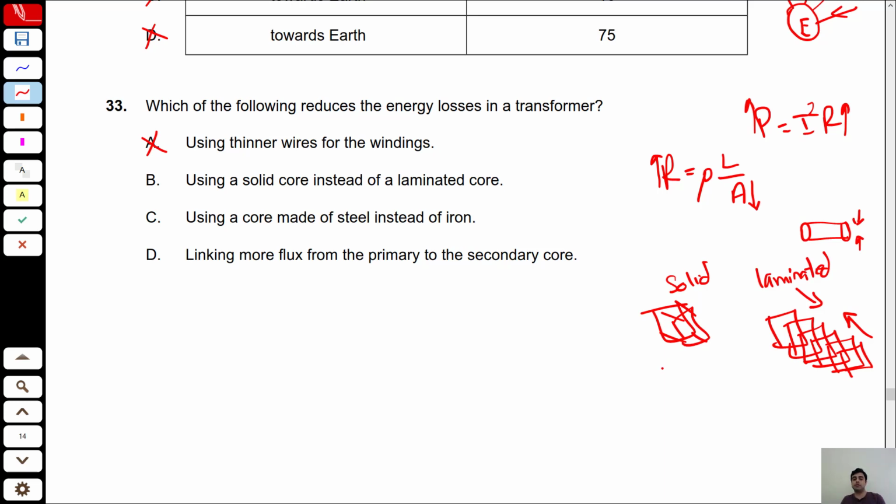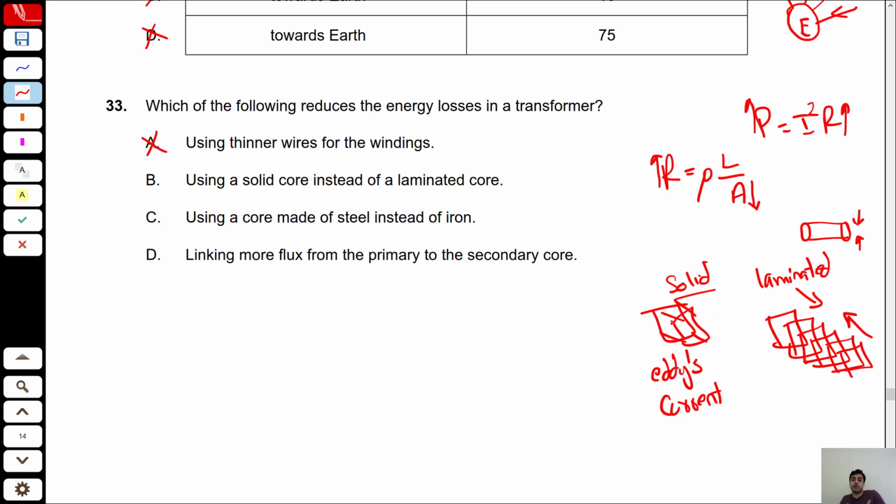So there are some eddy currents induced in a transformer. If the transformer core is made up of a solid bulk, then the current will have much bigger space to move around. The more current moves around, the more heat is going to dissipate.